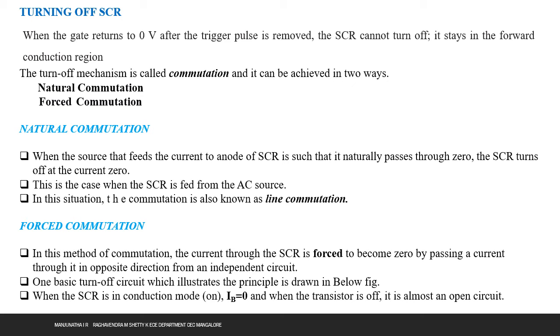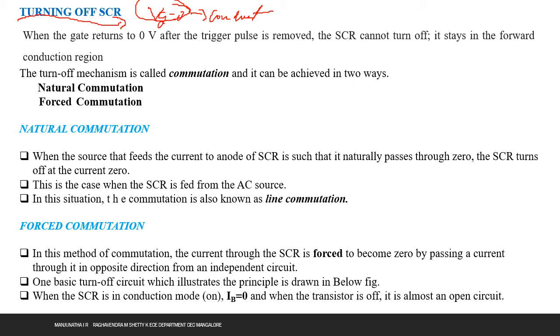So now how to make the SCR go into the turn off condition? We already know that when VG is equal to 0 volts, it is not going to conduct. So somehow we want to make VG equal to 0 volts.